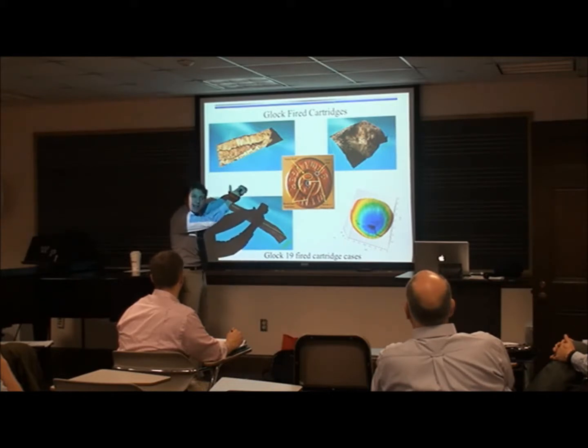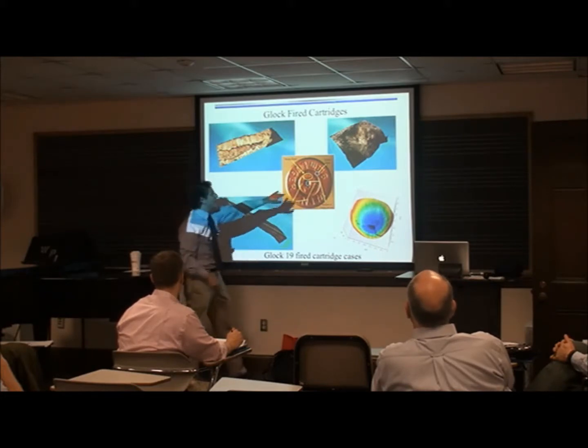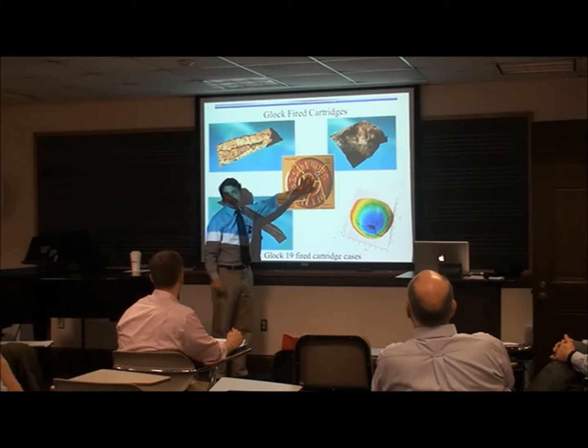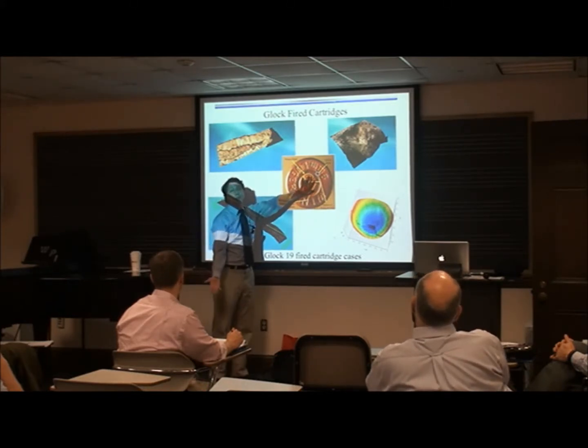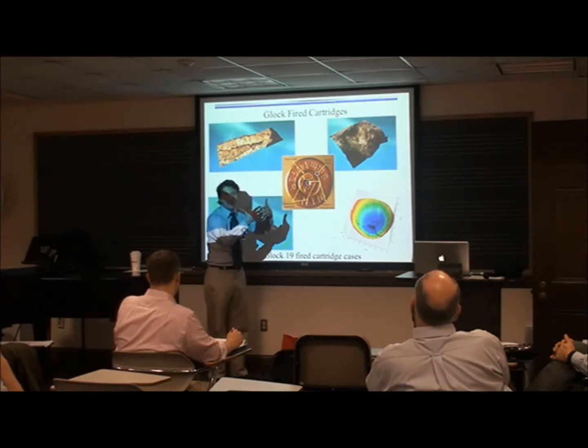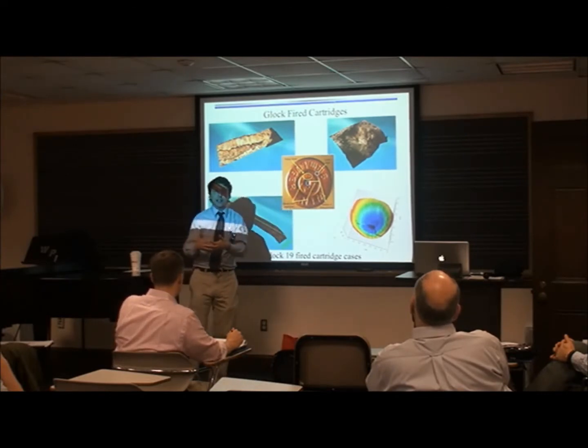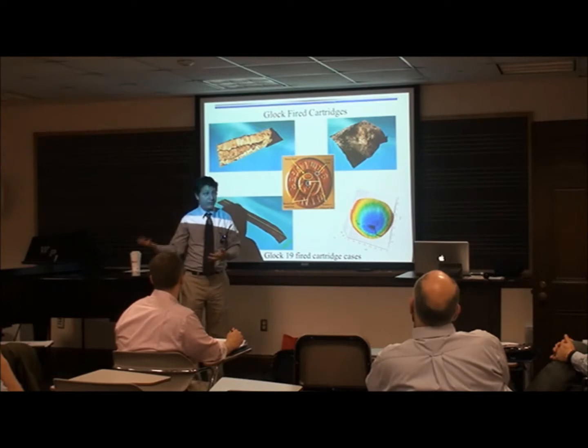In the process of that happening, the barrel drops down and it shears off a little bit of that primer metal, and it produces these nice, beautiful striation patterns, which, if they do appear on the cartridge case, human beings love to line them up and make sure that there's enough agreement there that they can say this particular Glock fired this particular cartridge case that I found at the crime scene.